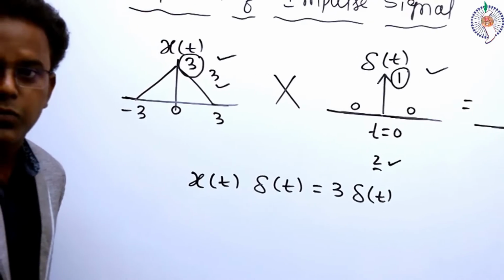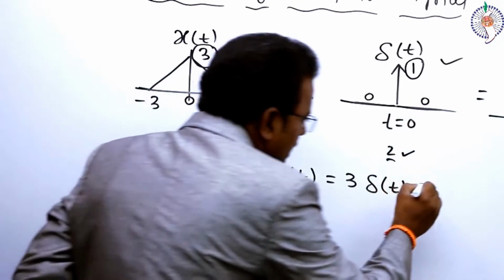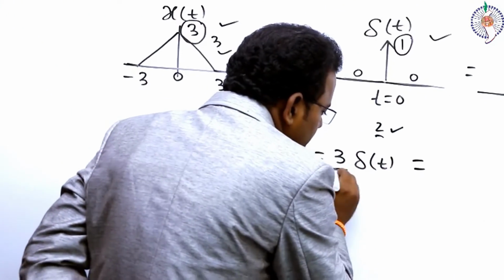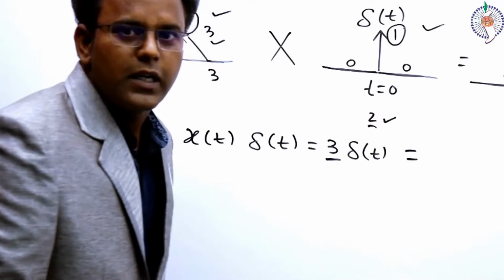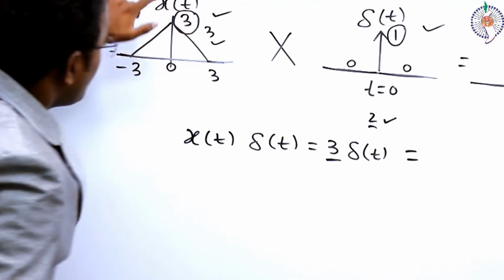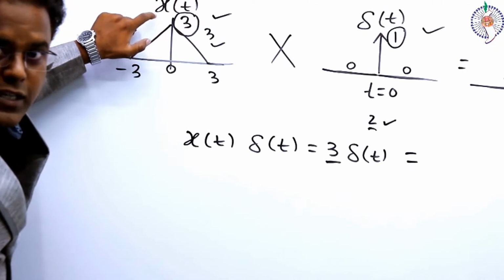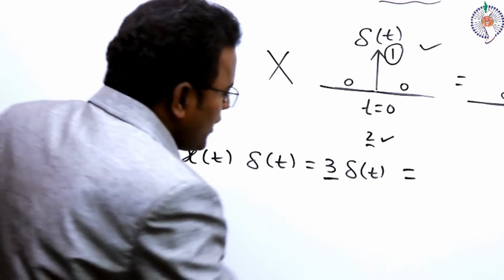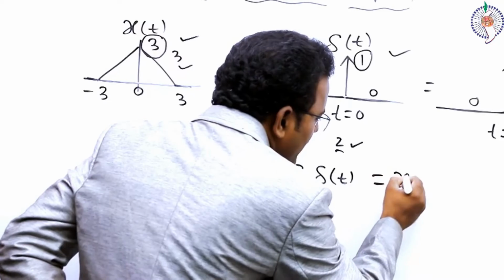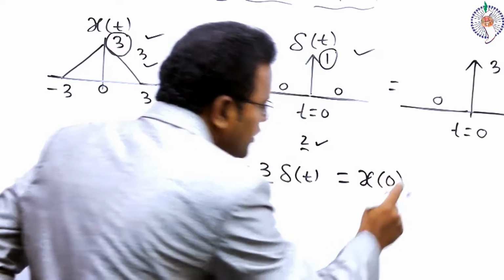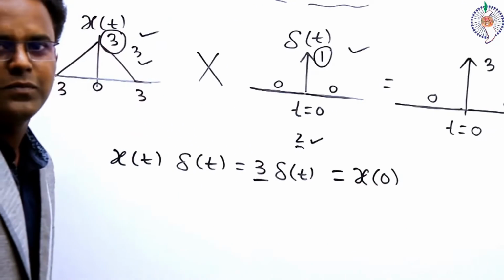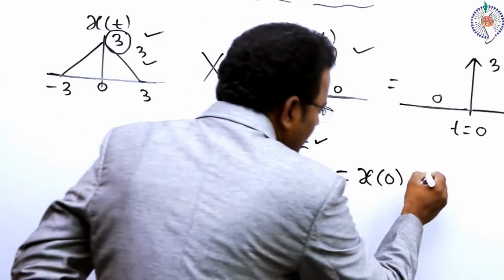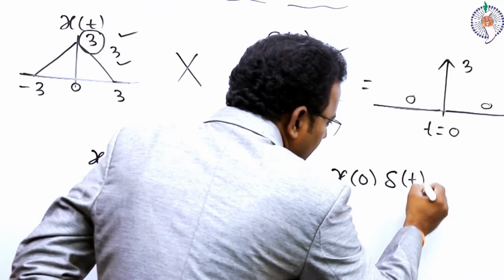If you clearly observe, students, can you say what is that 3? That 3 is nothing but the value of the signal at t equal to 0. Value of the signal at t equal to 0 means, can I say x of 0 into delta of t? That is wonderful.